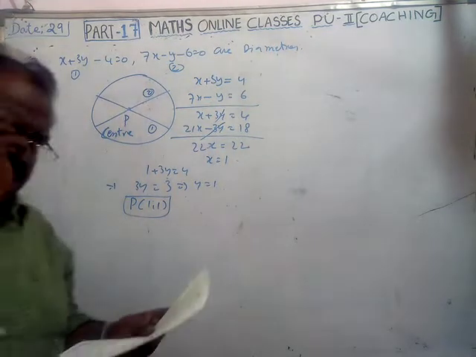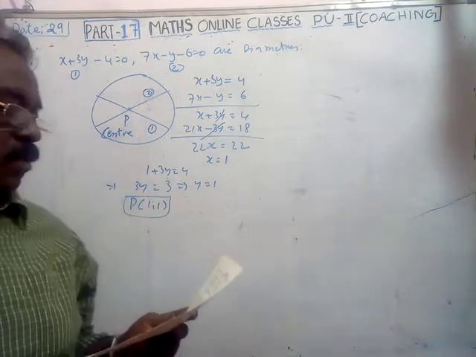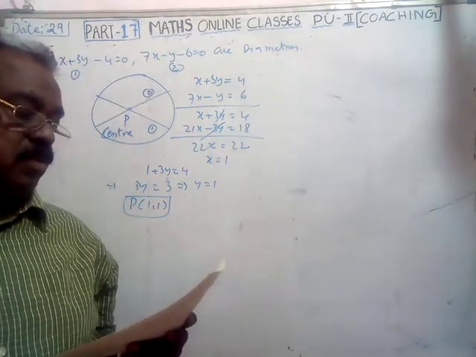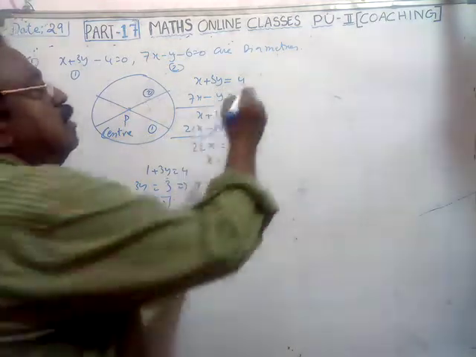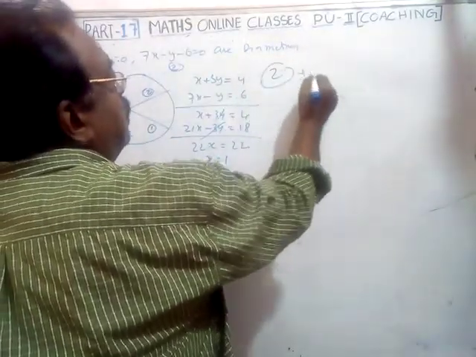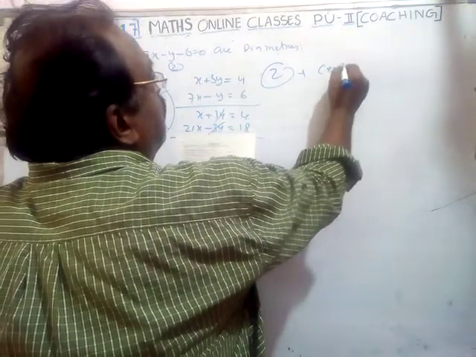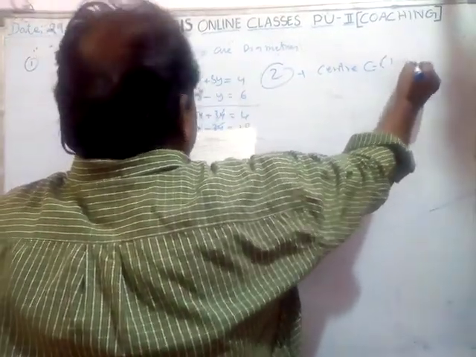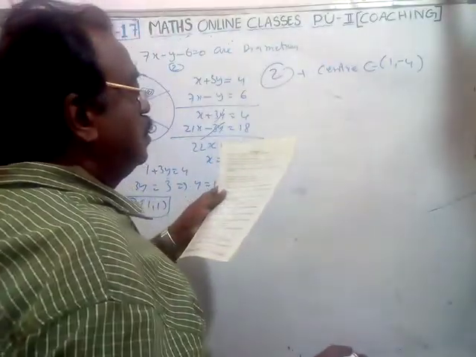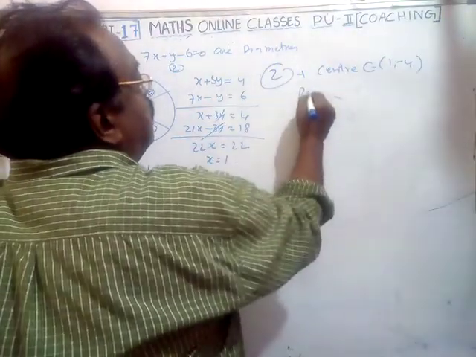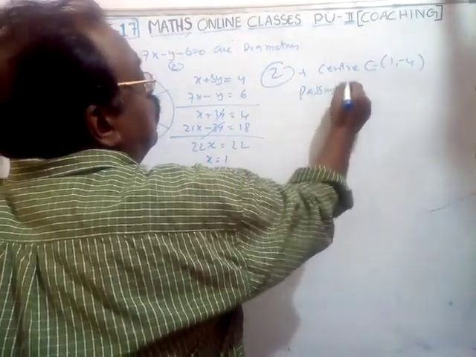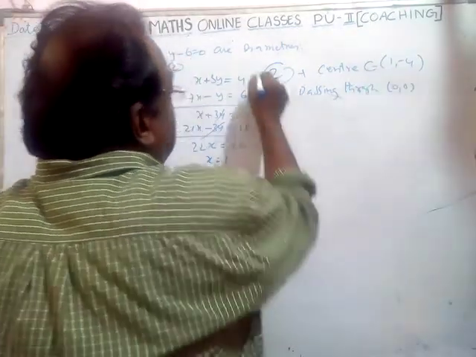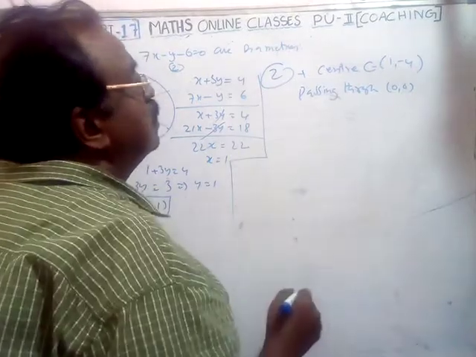Next, I will read the second problem. We are given a circle with the center C is equal to 1 comma minus 4, and it is passing through the origin.